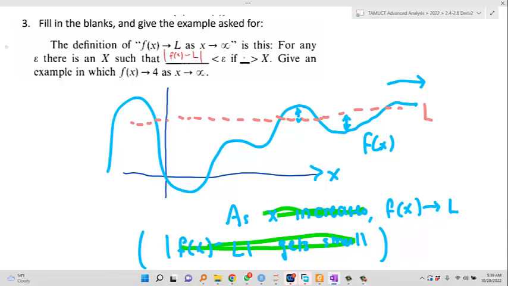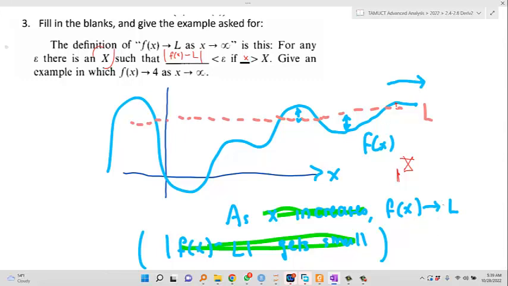And what's getting big? What's getting big is little x. Right? There's a difference between little x and big X. He's taking that, this big X is something out here. If this big X is large enough, then this distance is going to be small. That's the idea.